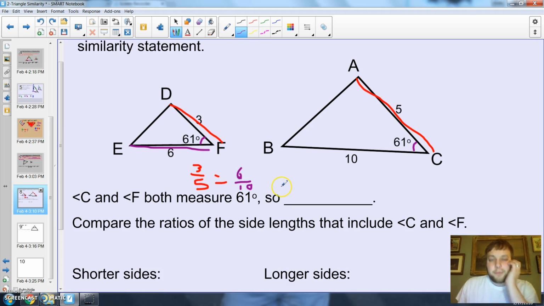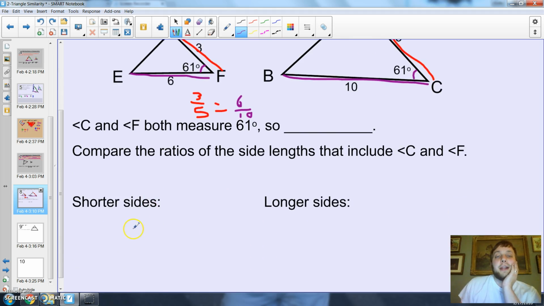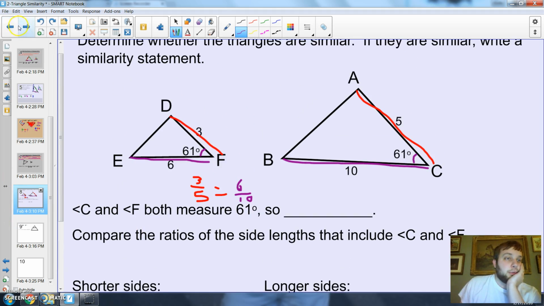I believe so. 3/5 is the same thing as 6/10. And you notice these are the sides that are attached to that angle that was congruent. So this is the angle that matches, and these are the sides that make up that angle. All right, let's try another one.